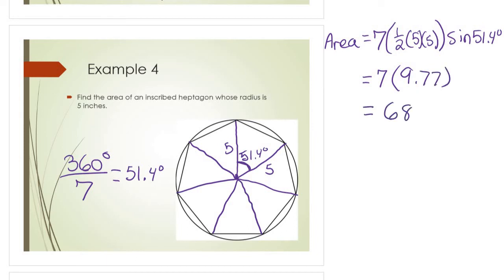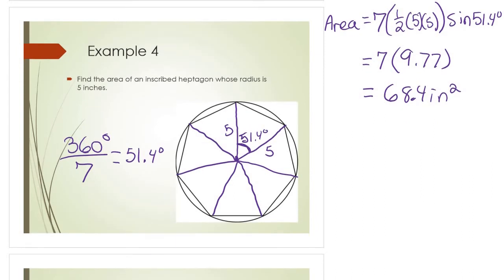So the area of the whole heptagon is 68.4 inches squared. And you can do this with any shape as long as it's regular and inscribed into the circle. So it could be an octagon, a nonagon, a hexagon, any shape, as long as it's a regular shape.